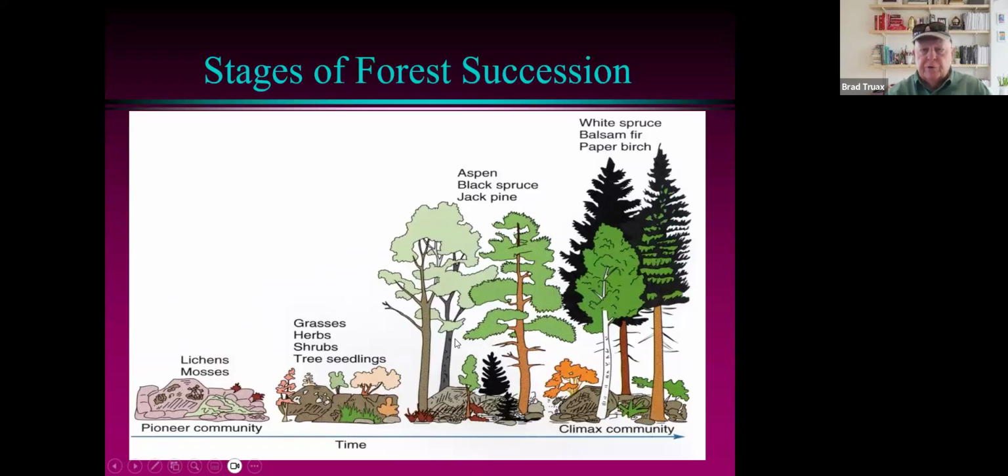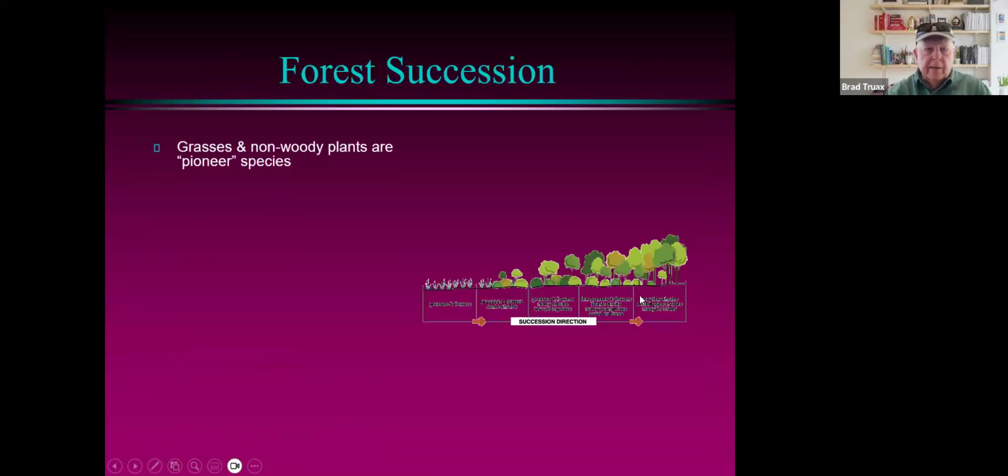And then after that, you'll start to get some trees that require a lot of sunlight, like aspen. And then finally, in the climax community, you get the tall trees, including white pines and a number of hardwood trees in the mature forest.